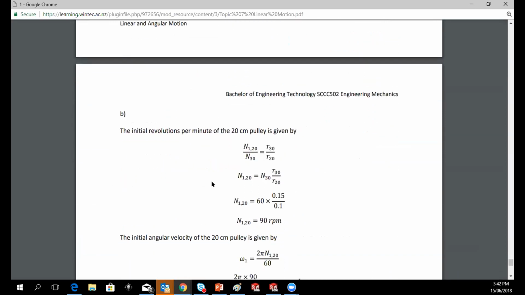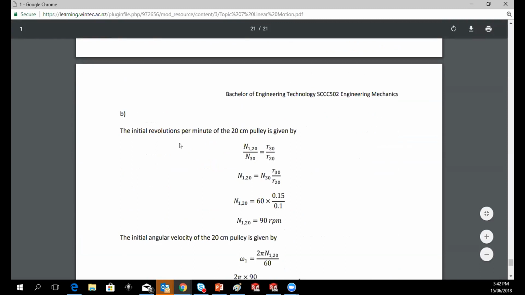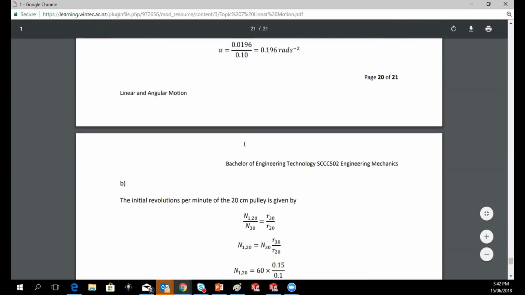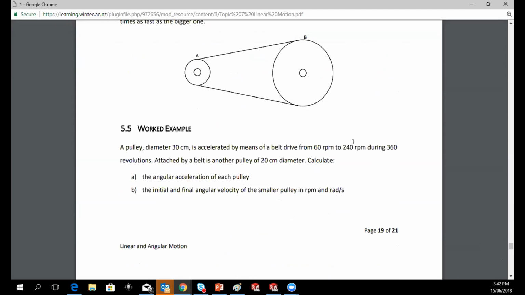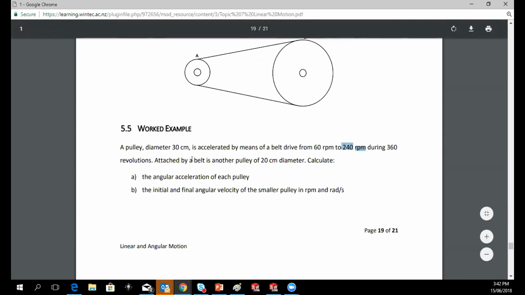The most important part, and why I brought this up, is that there is a relationship between both pulleys in their radius and their speed, because that's the equation I'm trying to find. If you remember in that question, one pulley has 60 RPM and the other 240 RPM, accelerated during 360 revolutions, moving from one value to another.